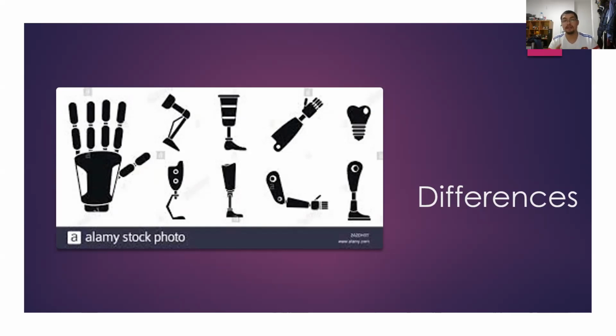Well, in the case of the bionic prosthetic, the characteristic is that they have natural, mechanical, or robotic movements.